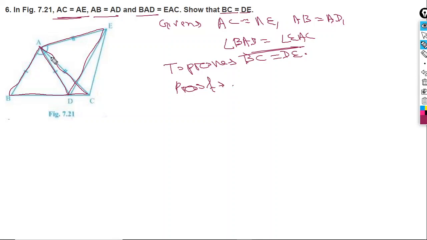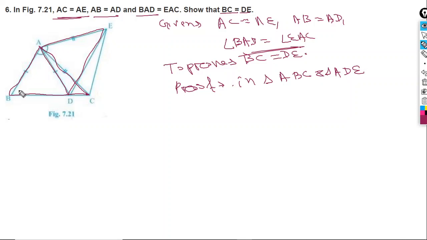So we will directly take the two triangles, triangle ABC and triangle ADE. Look at the figure again. In between these two triangles, what are equal?